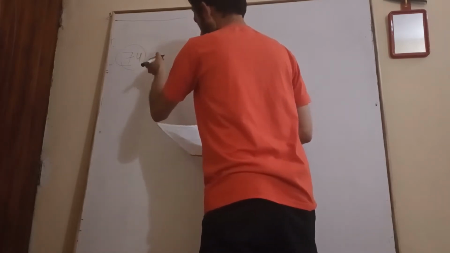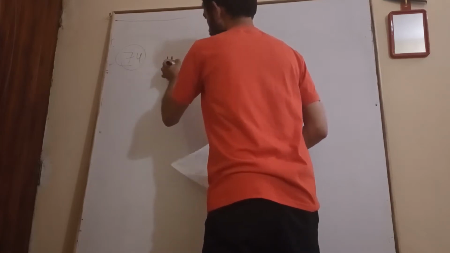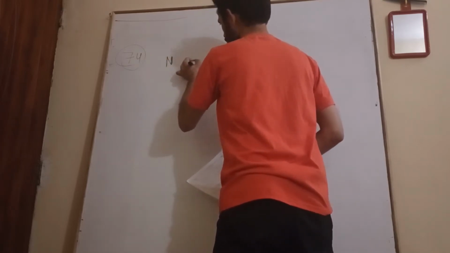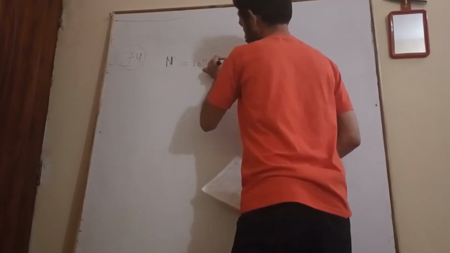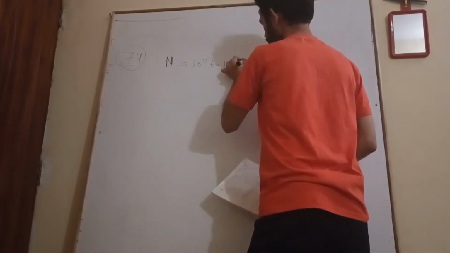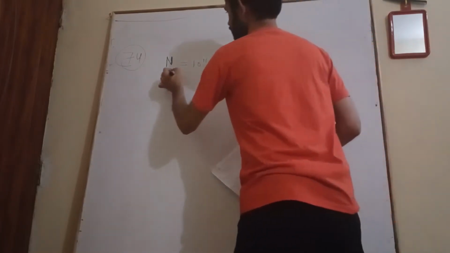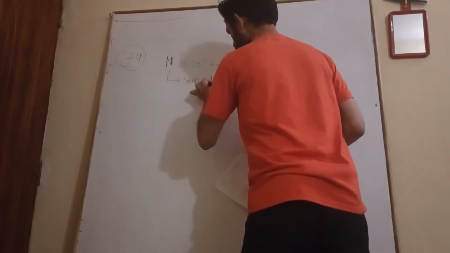So this is the ion density, that is N, that is given.